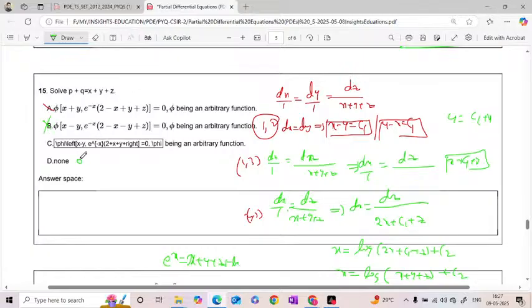The option here, function of x minus y, e power minus x, of x plus y plus z. Function of... C sir. So option D is correct.